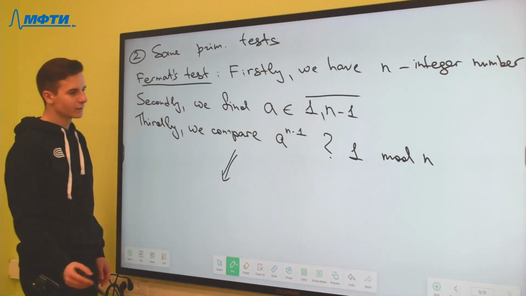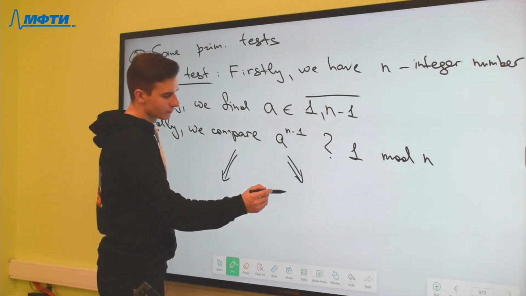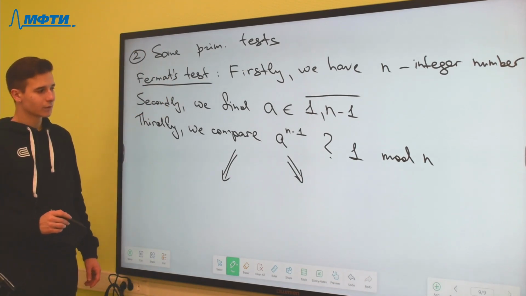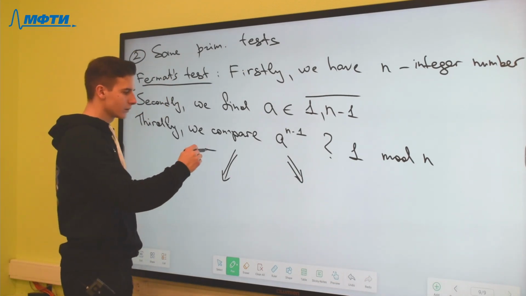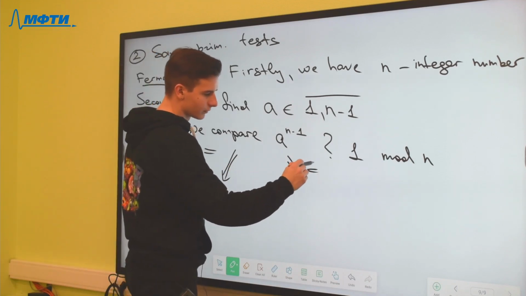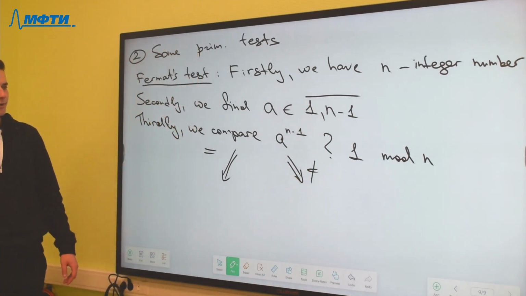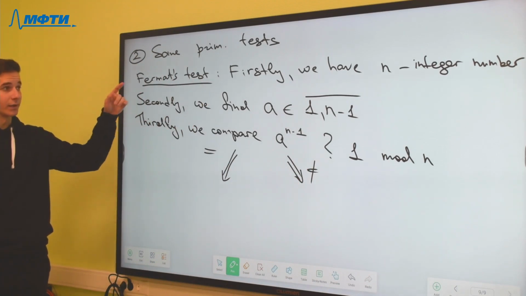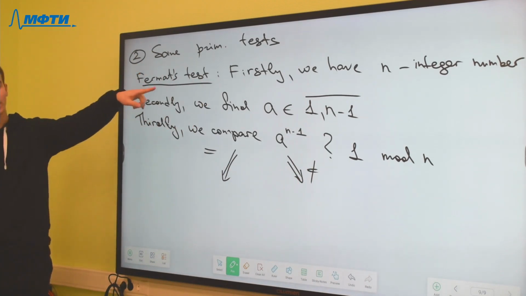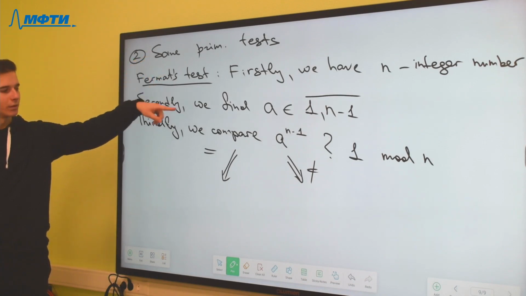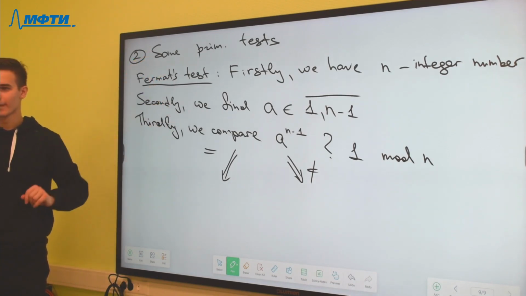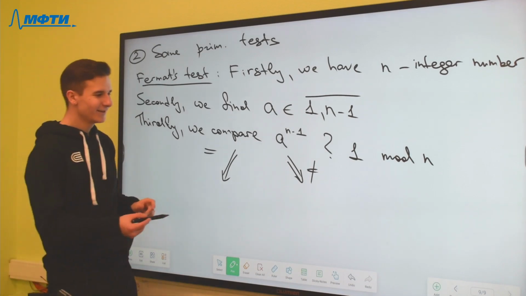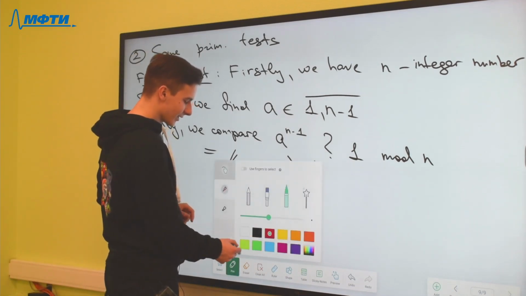And there are two ways: if it is equal or not equal. In which way do we know what n is? Prime or not prime number? In this way or this way? No. When it is not equal.